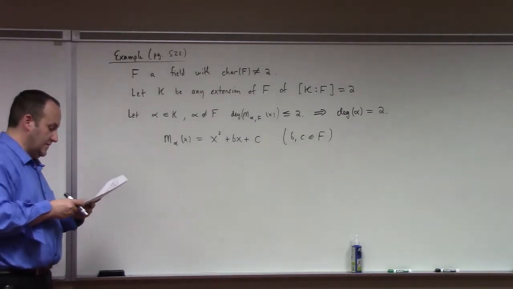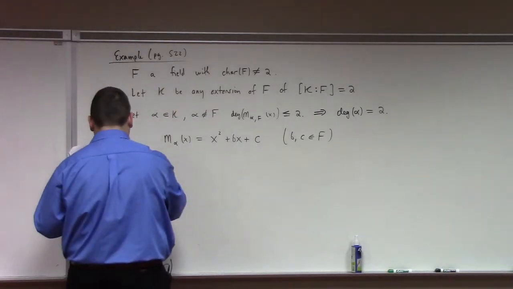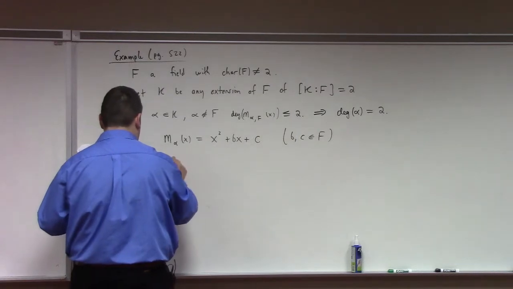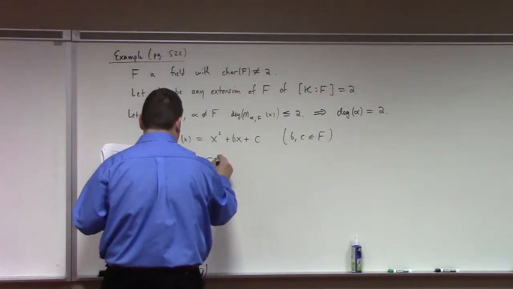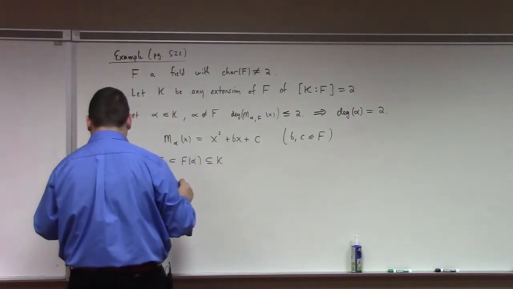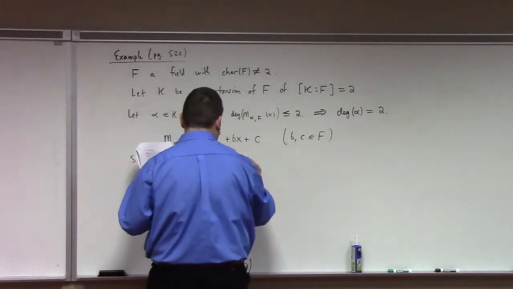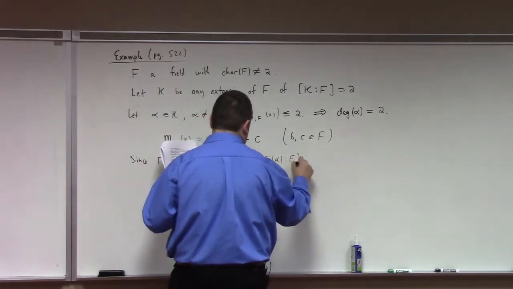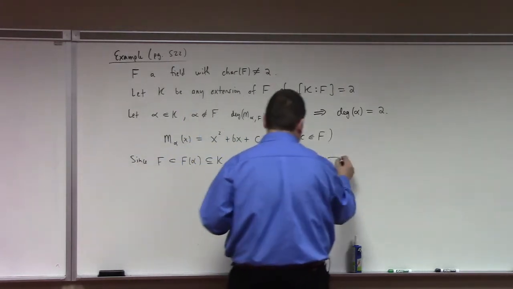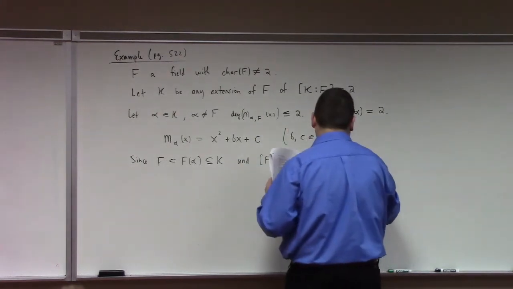He says, since F is a subset of F adjoin alpha, which is a subset of K, and the degree of F alpha over F is equal to 2, that implies, of course, that F alpha is what?